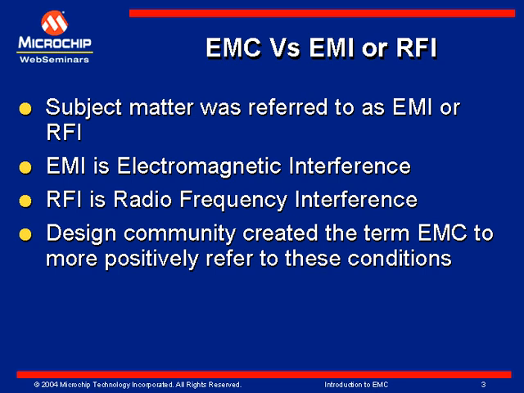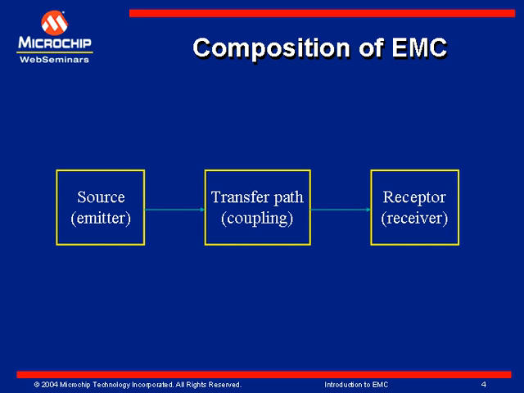When we talk about EMC, you can divide it into three different groups. One is the source or emitter that generates the noise. Then that signal or interference is transferred through a coupling path, so you have a transfer path.